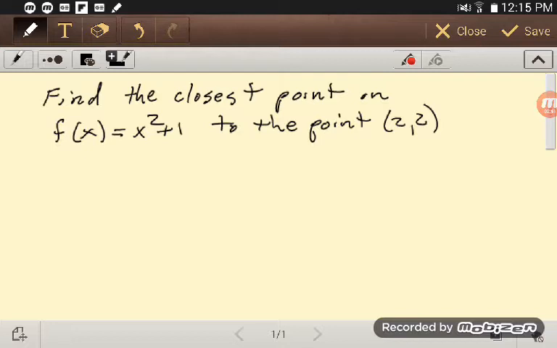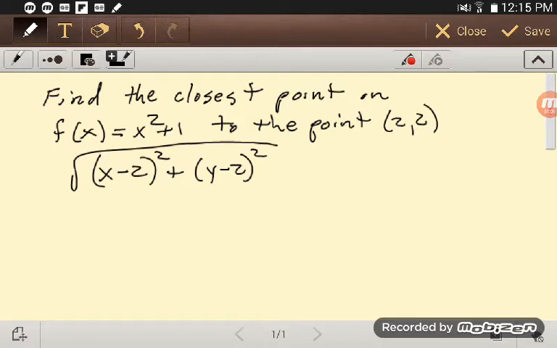Then I could use the distance formula, and here we're going to find an x and a y, so we're going to want to take x minus 2 squared plus y minus 2 squared. Now then you would take the square root for the distance formula, and you'd want to minimize that thing. Except, if I'm going to minimize the square root of something, I might as well just minimize the thing squared.